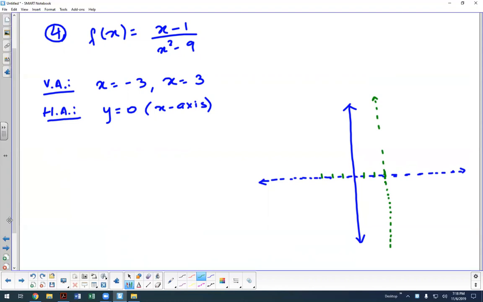Well, we don't really need an arrow on that. And -3, same thing. Okay. We have a horizontal asymptote here.